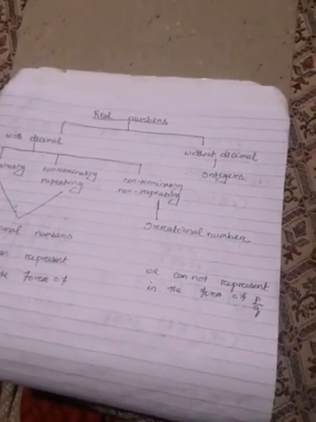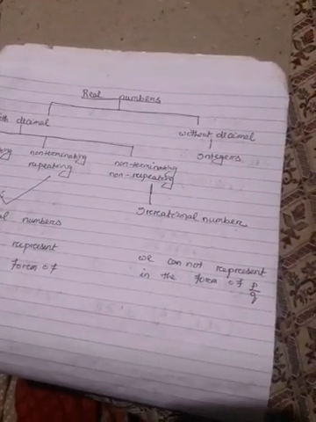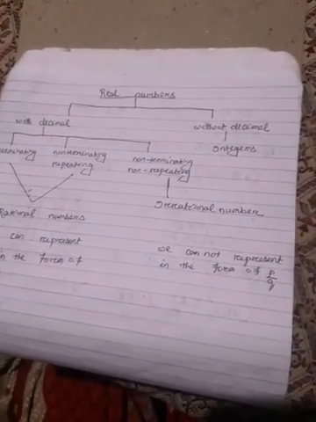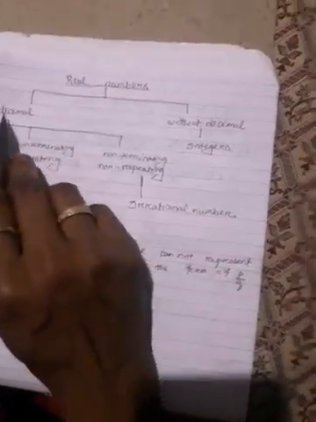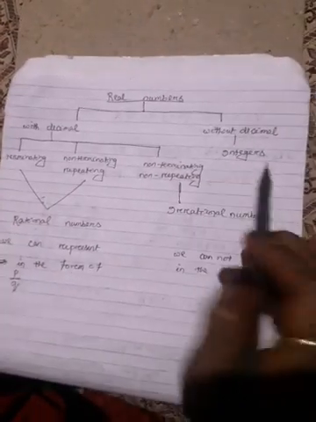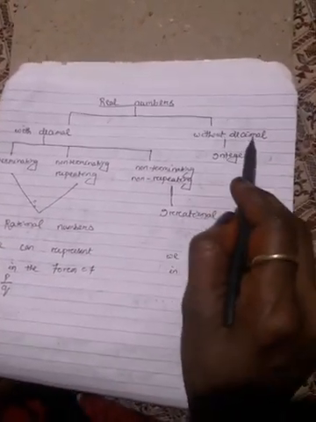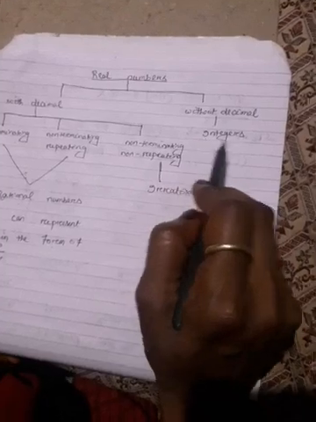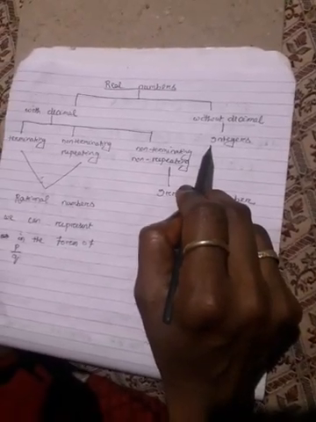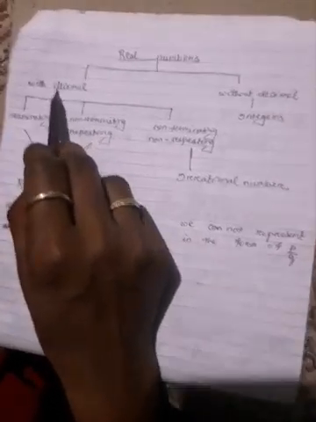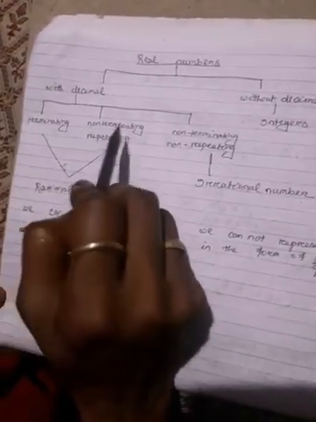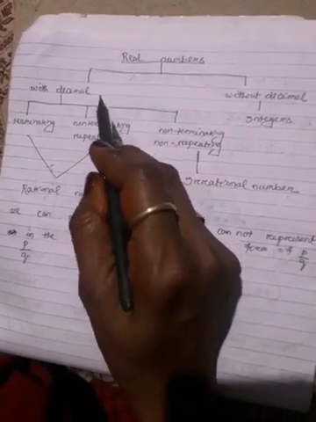Dear students, today we are studying rational numbers and their decimal expansion. First we start with real numbers. Real numbers include numbers with decimals and without decimals. Without decimals are integers, that is the numbers from minus infinity to infinity, and with decimals are the numbers which are terminating and non-terminating.